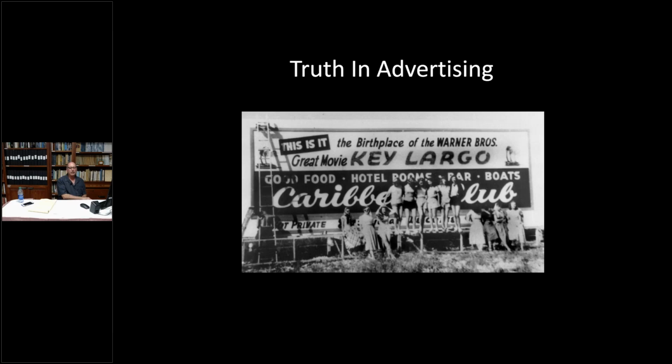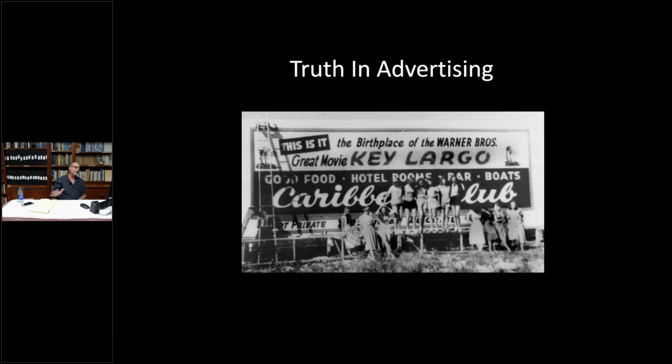There are lots of questions about whether it was filmed in Key Largo, at the Caribbean Club. It was largely filmed on sound stages in California. In some accounts, there were some mood pictures, some filming done of the area. That's disputed by some people.